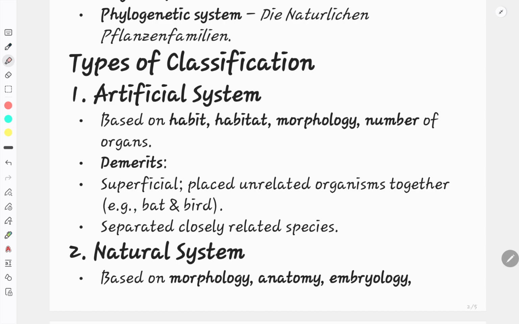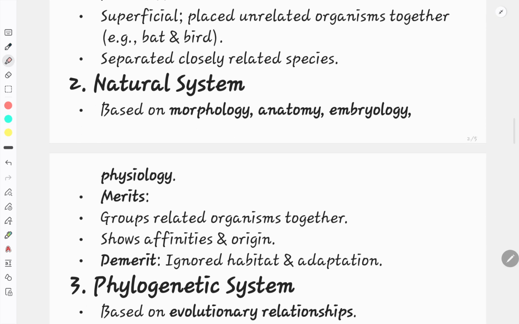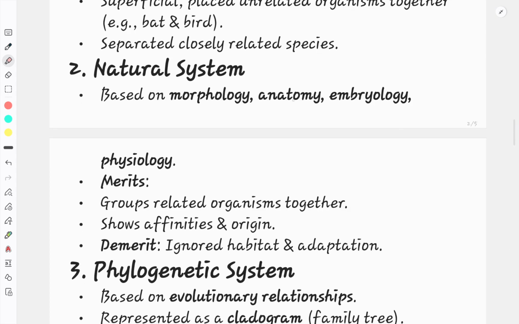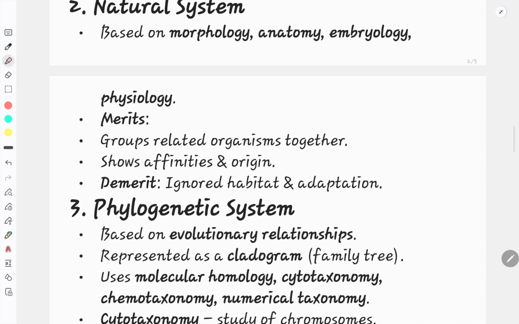We later discovered the natural system, based upon morphology, anatomy, embryology, and physiology. What are the merits of this? It groups related organisms together and shows affinity and origin, meaning where the organisms come from, but it also ignores the habitat and their adaptation.